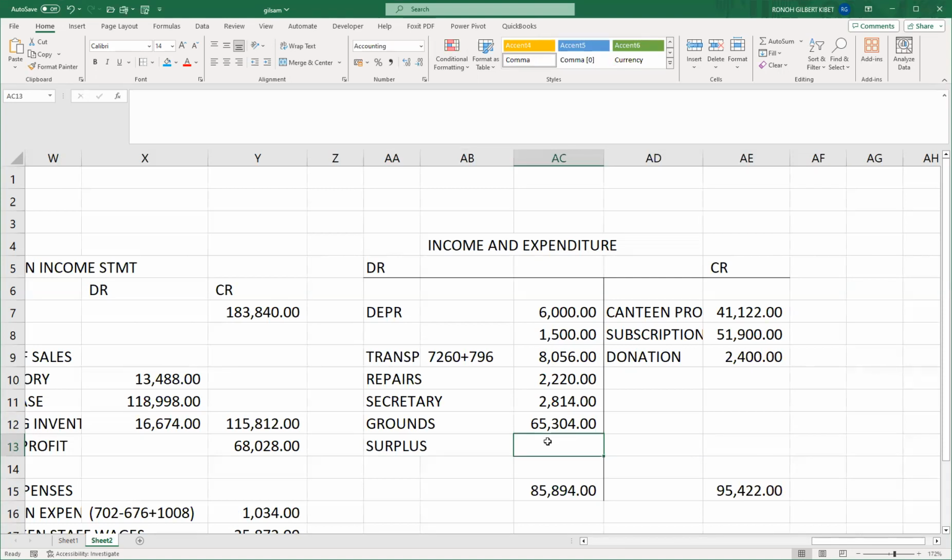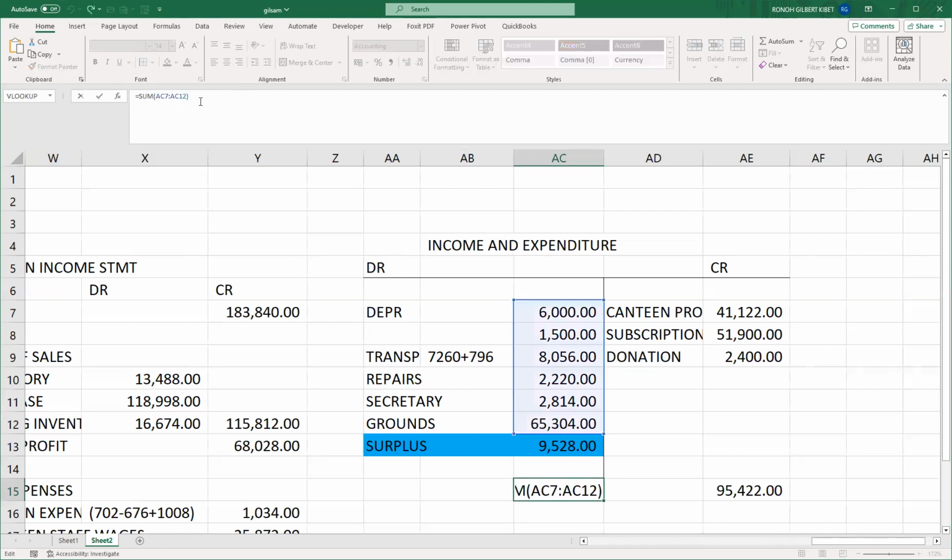We will take this minus this. So we have a surplus of 9528.